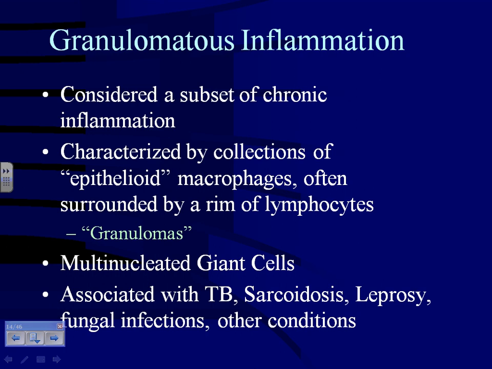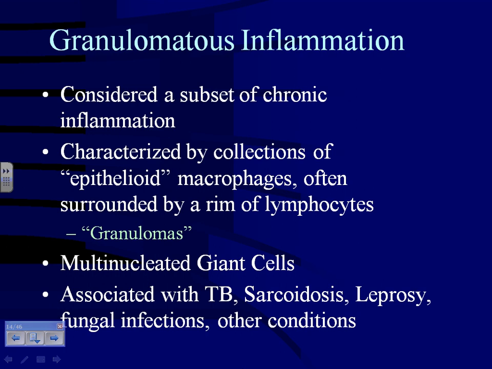So these macrophages tend to have abundant pale cytoplasm with usually a single nucleus, but they can have occasional multinucleation as well. Primarily a single oval-shaped nucleus is surrounded by this abundant pale cytoplasm that resembles an epithelial cell, a squamous cell for instance, except the cytoplasm is usually a little bit paler than a squamous cell.